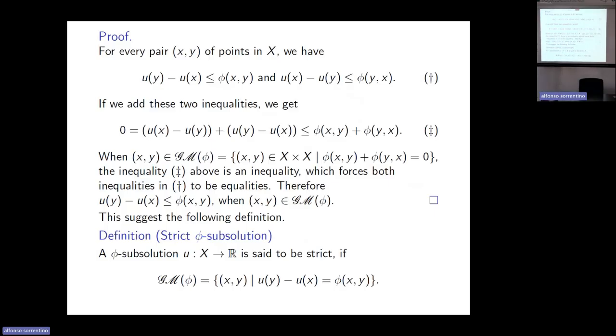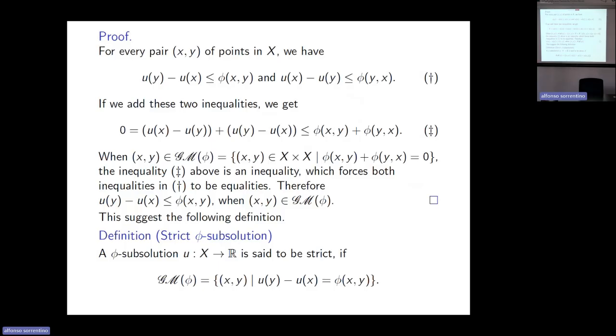When xy is in the graph of the Mather relation, then this is 0. So the sum of the two inequalities is 0, so both of them are equalities, because the sum is an equality. And that proves the first proposition.